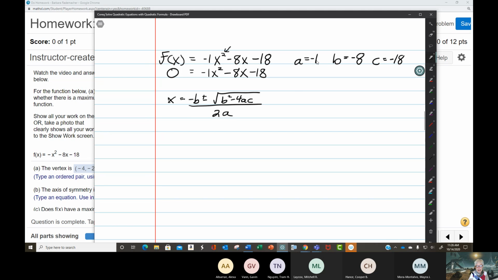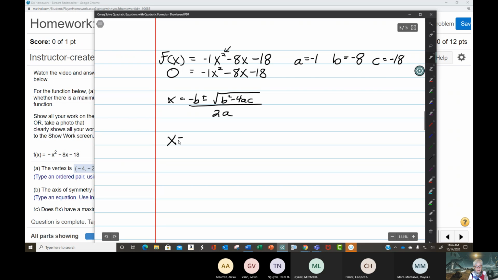All right, here we have A. I'm going to plug that in there. Here we have B. I'm going to plug it in there with parentheses because it's negative. And C, I'm going to plug in with parentheses because it's negative.